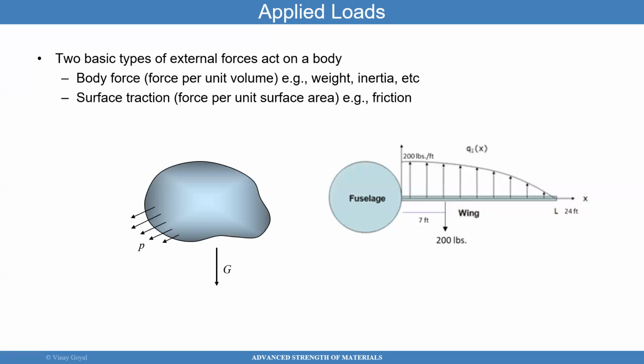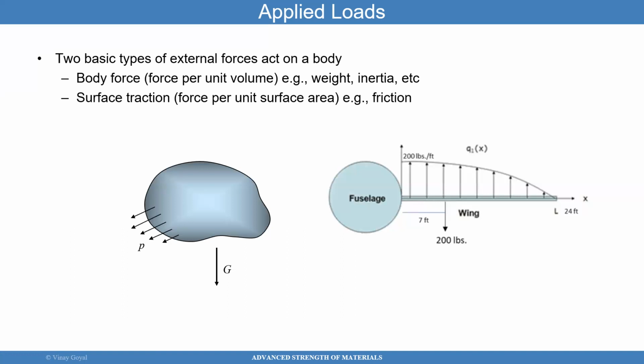Everything you can apply to a body of material, like a fuselage and this wing, has to be applied over a surface area. Even this particular load here, which is supposed to represent the weight of a particular component hanging on the wing, acts on a particular surface area. So every single load that you can apply to a body of material is a surface traction. It's a force per unit area.